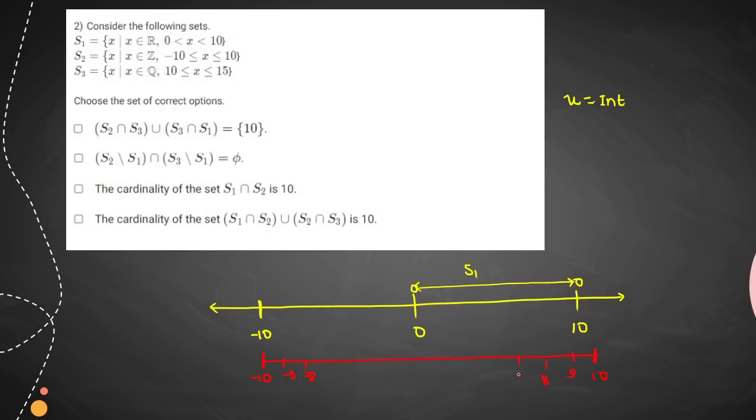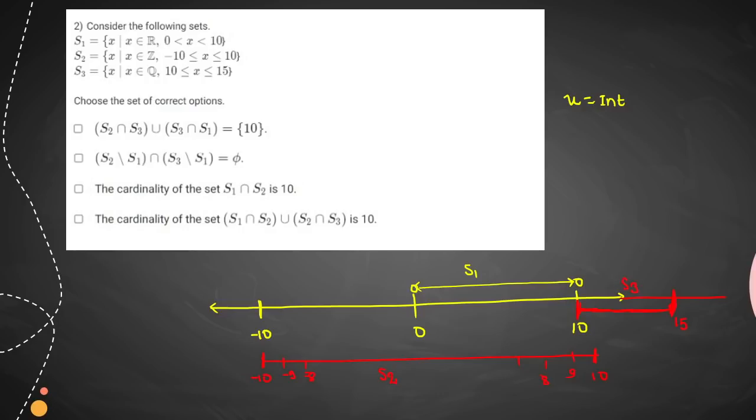It will take discrete values only, so this is s2. And s3 is all rational numbers from 10 to 15. It will extend further, including 10 and 15. So this is s3.